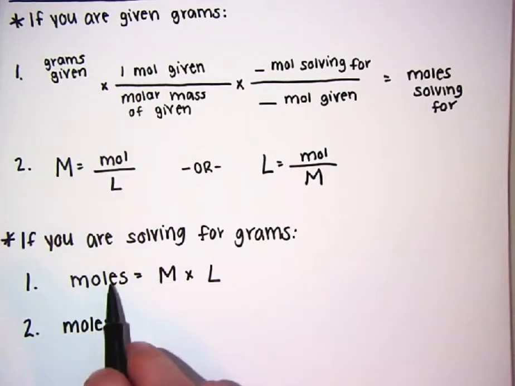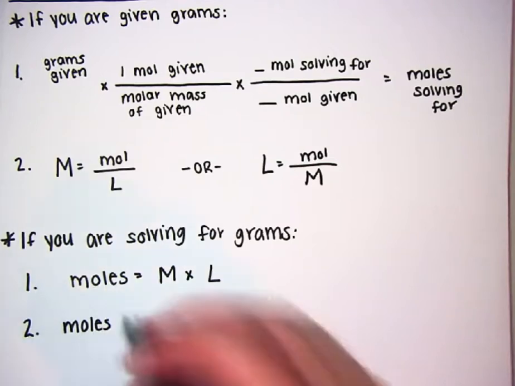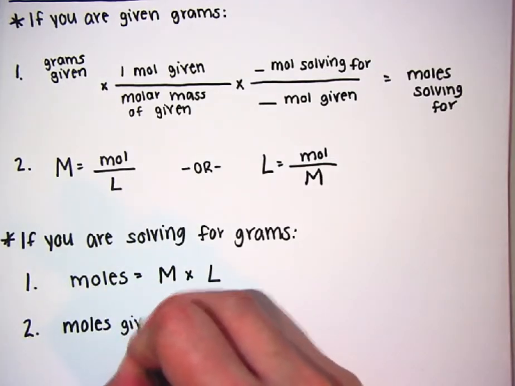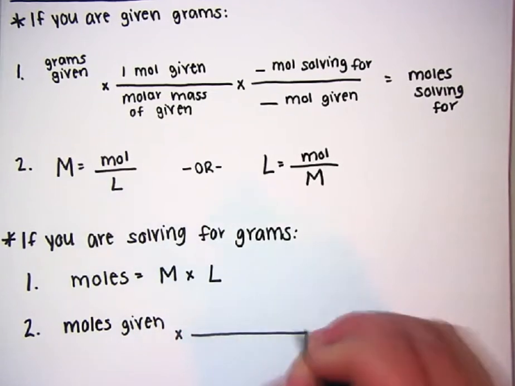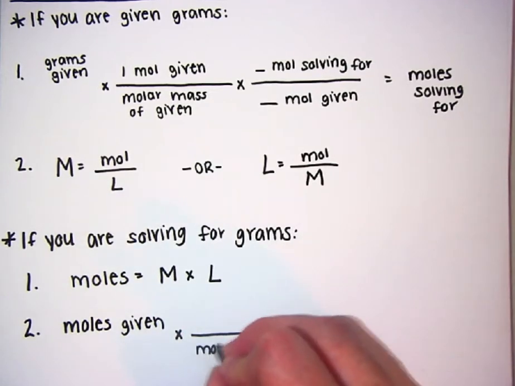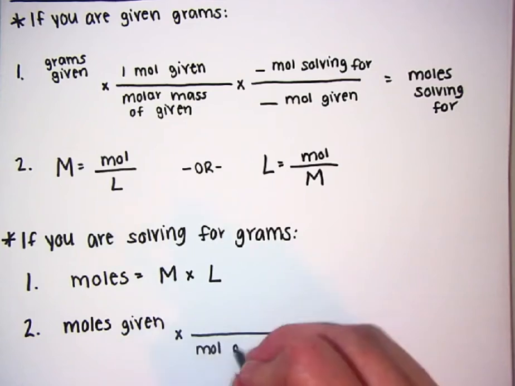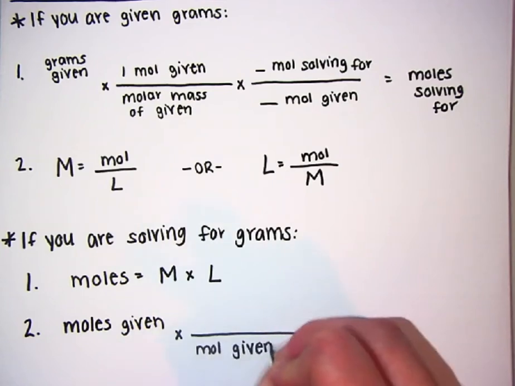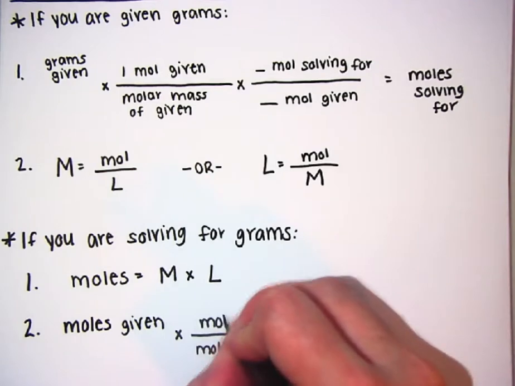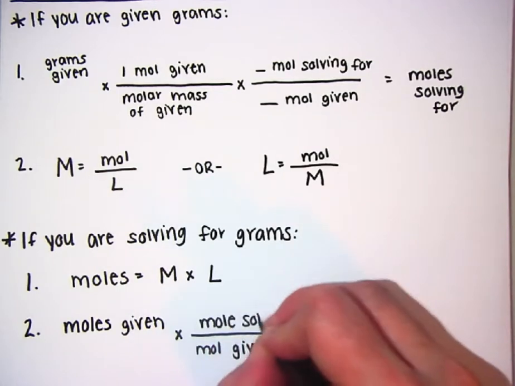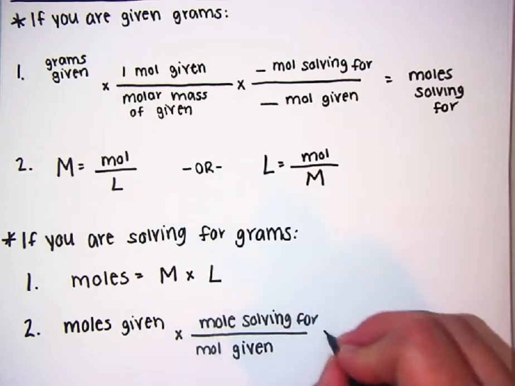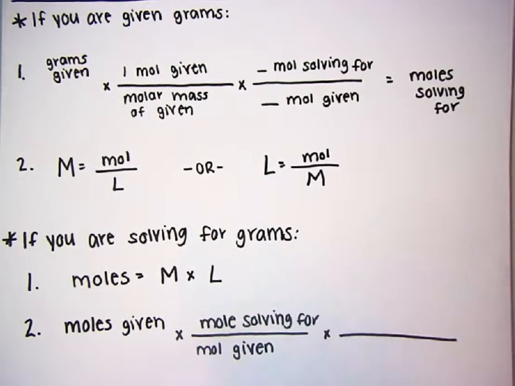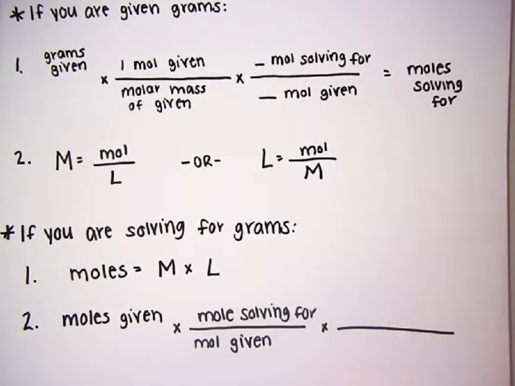So now my answer to number 1 is moles. That's what I'm going to start with. I'm going to start with moles of the given. My first step would be the mole ratio. And then the last step would be the molar mass.